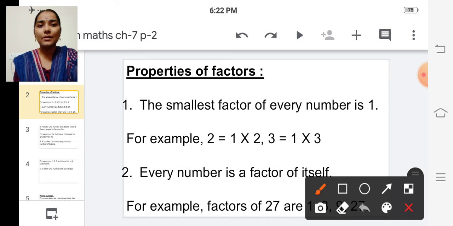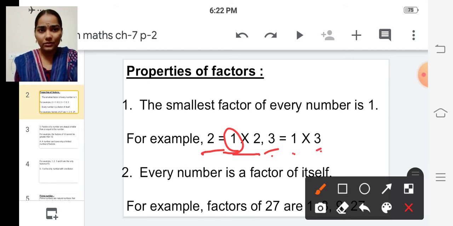For example, 2 can be written as 1 into 2. So, 1 is the smallest factor of 2, isn't it? 3 can be written as 1 into 3. So, 1 and 3 are factors of 3 and the smallest factor is 1.